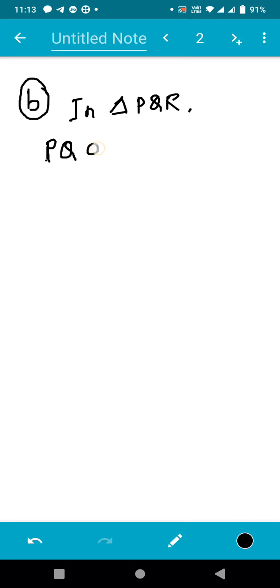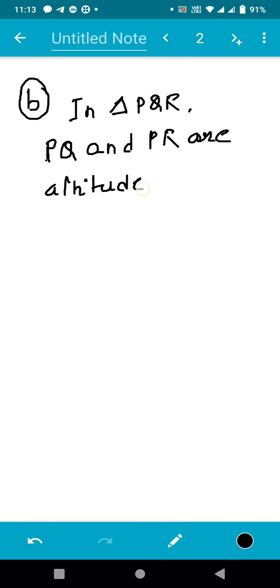So PQ and PR are altitudes of the triangle. Okay, so this is what we have to draw in sum number B.